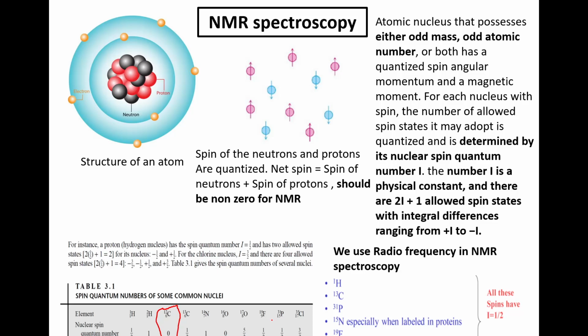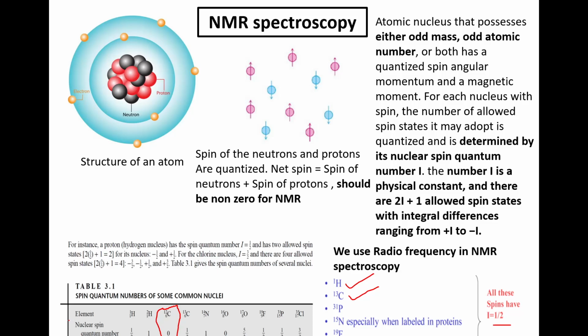Okay, now we see that 15N, 1H, and 13C all have half nuclear spins.